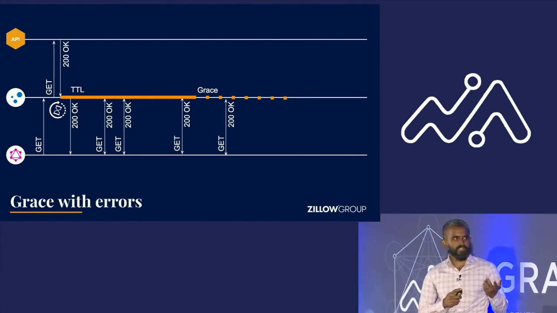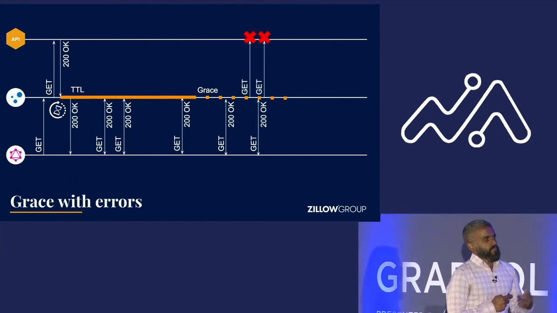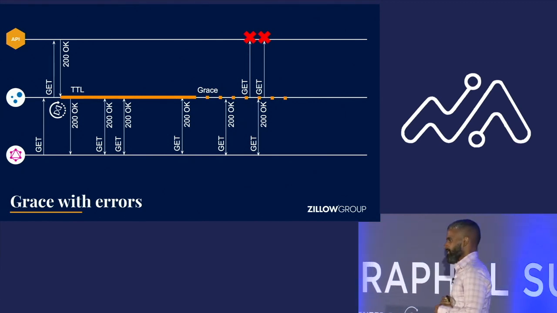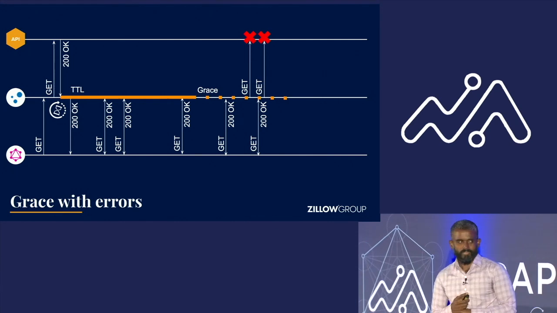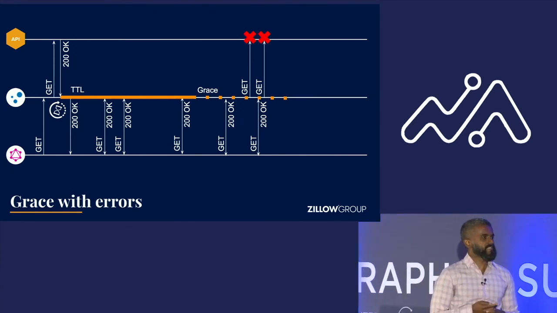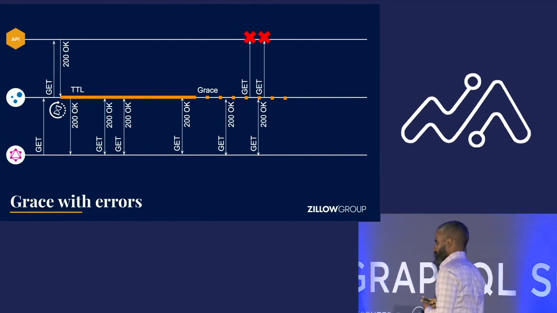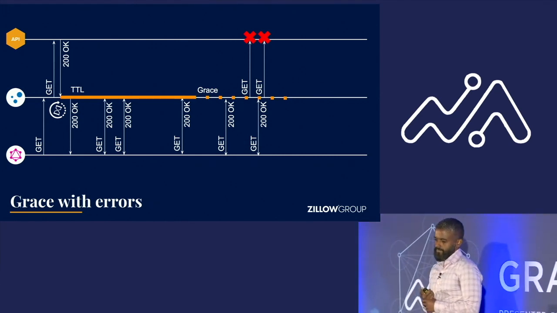But what happens when there's a downtime in the backend API? A new request comes in, Varnish returns the data right away to GraphQL, but it tries to refresh that data from the backend, and it fails. There is some connectivity issue or the backend is down, but Varnish is going to keep trying until it gets the data.